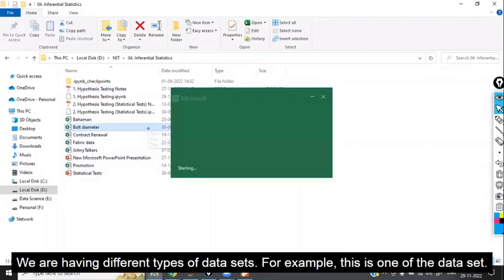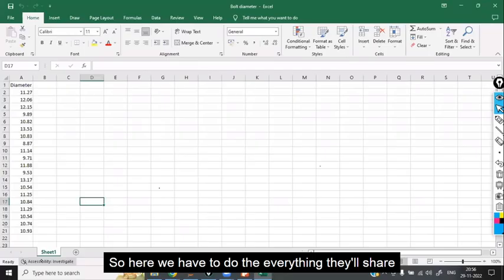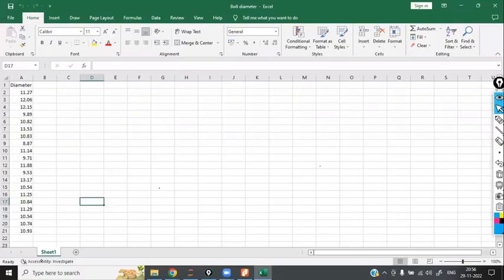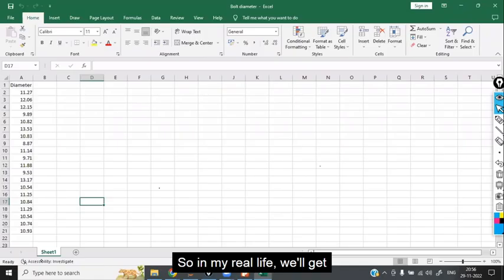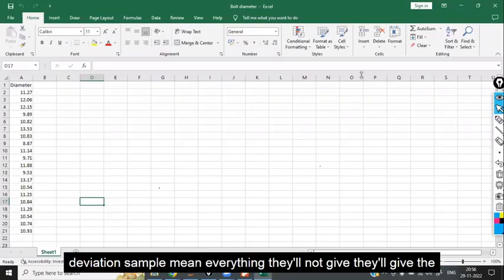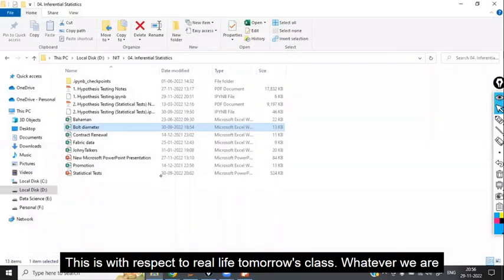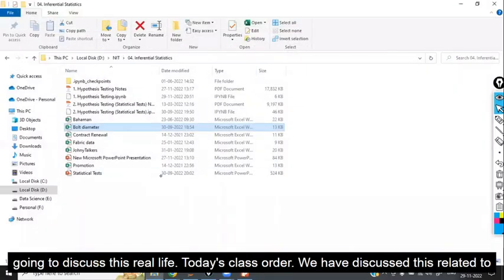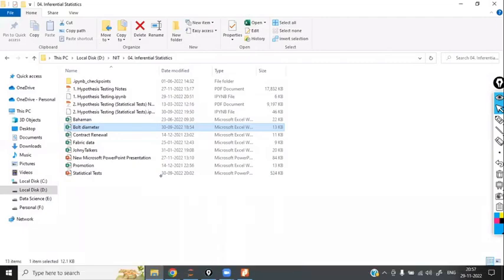They will share the data set and ask for the hypothesis test only. In real life, we'll get the data only. We'll not have the values directly; they'll not give the sample standard deviation or sample mean. This is real life. Tomorrow's class is real life. Today's class is related to certification. Done?